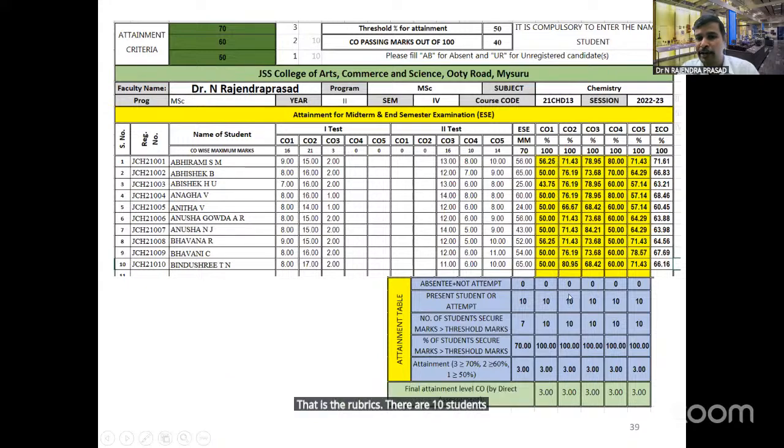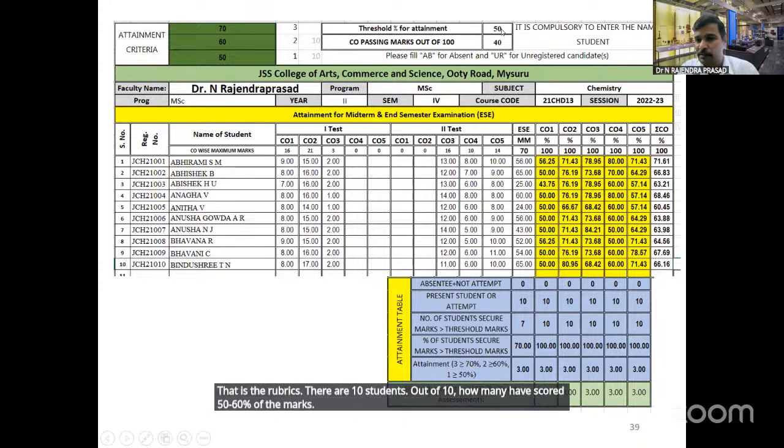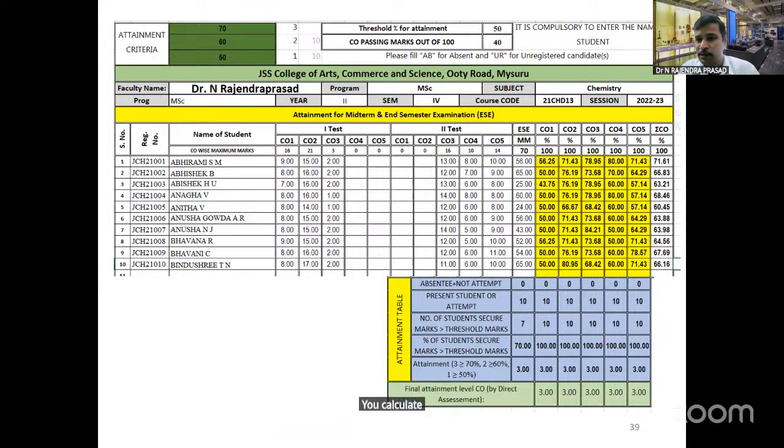Out of 10, how many have scored 50 to 60% of the marks? You calculate and convert that to percentage. If that percentage is in between 50 and 60, rubric is 1. That you have to tabulate at the last row here, what I have represented.